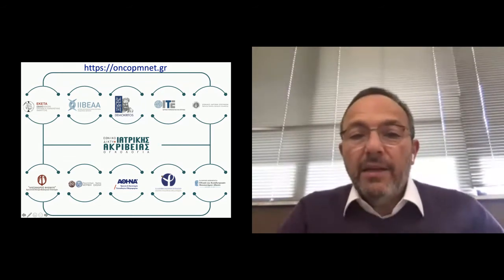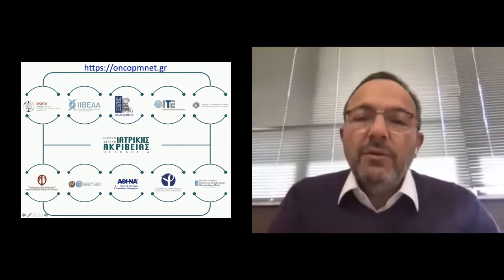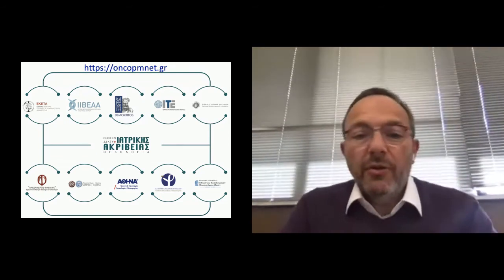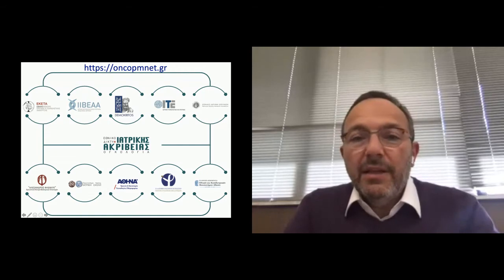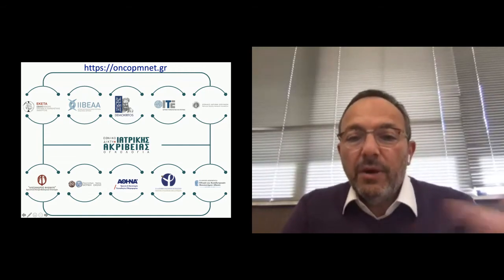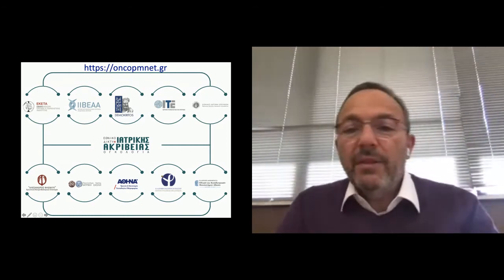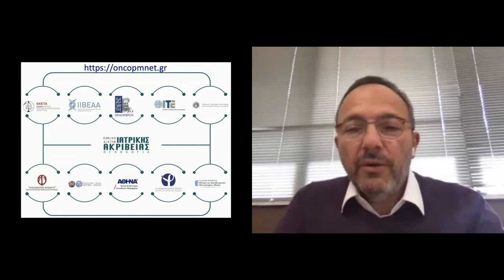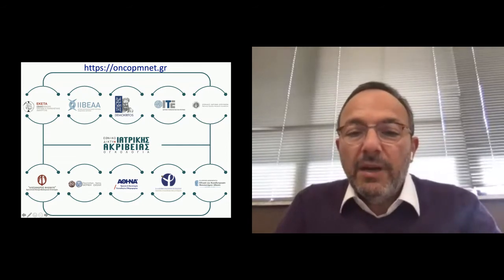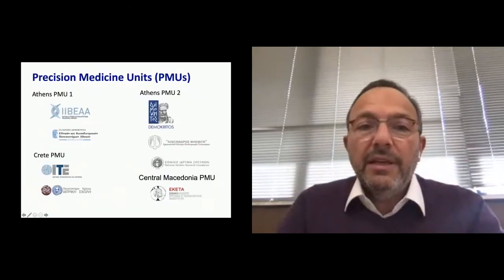This is the logo. It's applicable to Greek nationals. You see the 10 logos of the participants, and Athena Research Center, where Minos and myself are affiliated, in addition to our universities. Together with one more, Democritus, we take care of the data side.